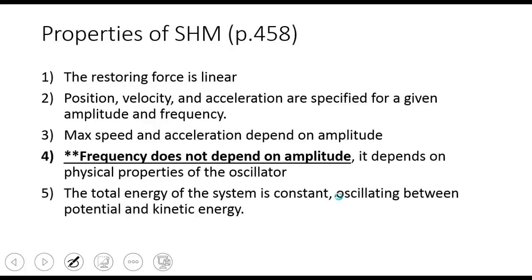There's a few properties of simple harmonic motion that I'd like you to know. These are on page 458. The restoring force is linear, and we'll talk about that in just a second. Position, velocity, and acceleration are specified for a given amplitude and frequency, and I've got a lot of formulas for this one. Max speed and acceleration depend only on the amplitude.